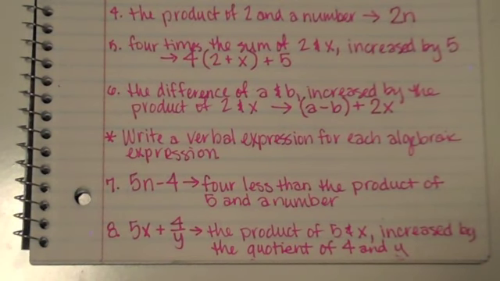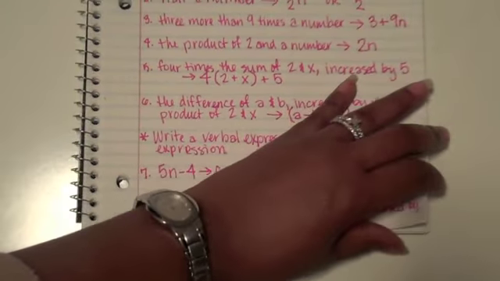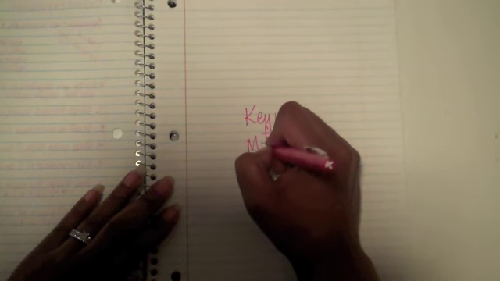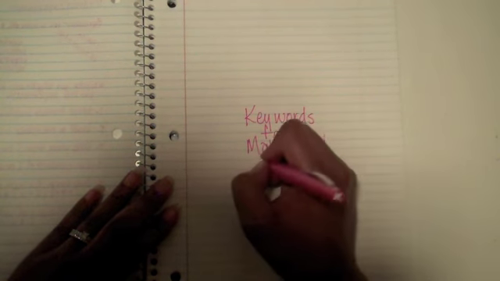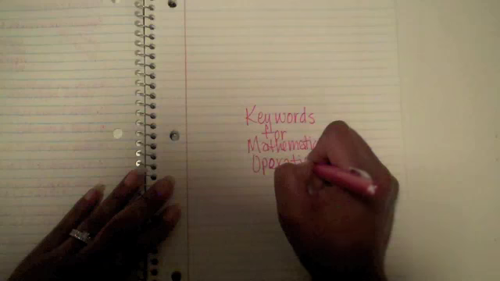Okay? All right, so normally we do a summary, and today is no different, but your summary is going to change just a bit. I want you to turn to the next page in your notebook, and what I want you to do is divide it into 4 sections. We're going to label this as keywords for mathematical operations. Keywords for mathematical operations.